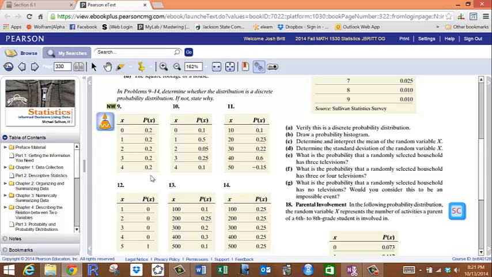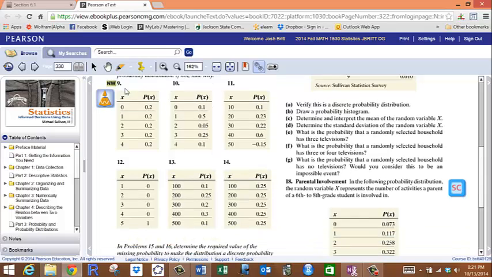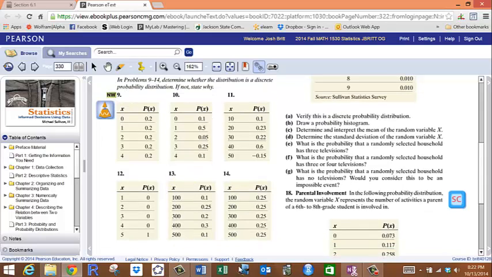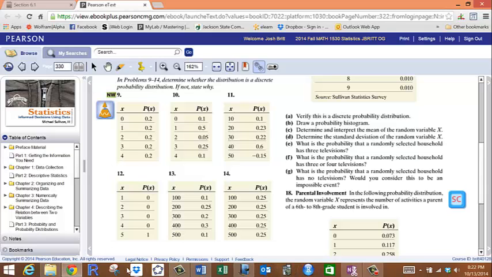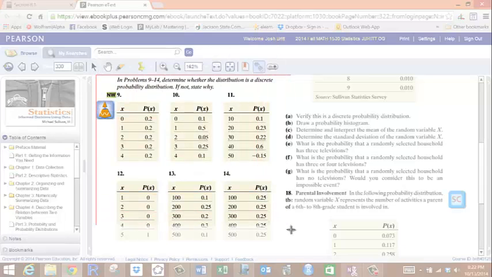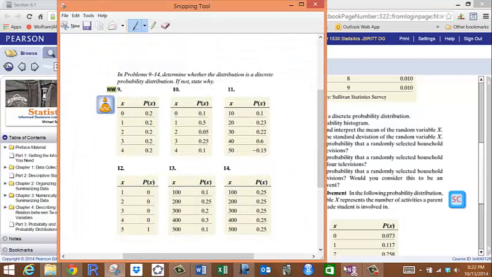So let's check both criteria. Number 1, does the sum of the probabilities add up to 1? We'll just add these up, 2, 4, 6, 8, 10. So yes, the sum of these probabilities is 1. And the other thing we want to check is that all the probabilities are between 0 and 1. So this one would be yes. I'm going to open this up over here so I can write down what we're actually doing.